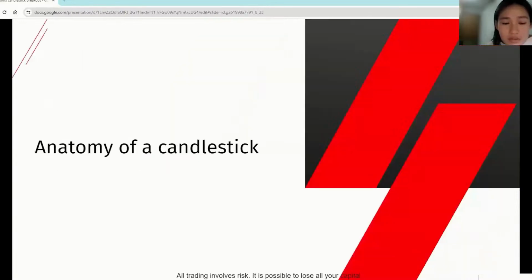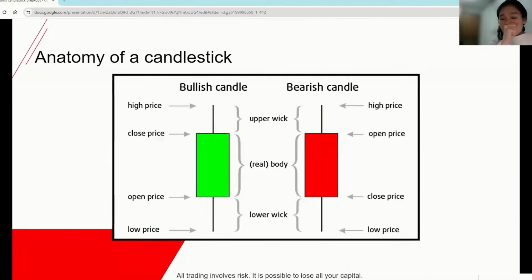So to start off, let's look at the anatomy of a candlestick. Firstly, we have the bullish candle, where your high price and your close price is the upper candlestick wick. The body of the candlestick starts from the close price to the open price, which would be the bottom of the body of the candlestick, and then your lower wick comprises just of the low price.